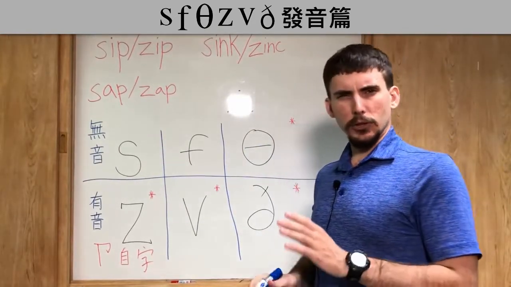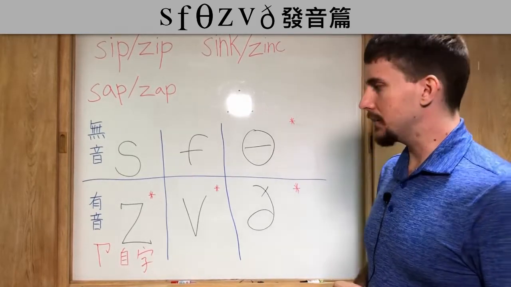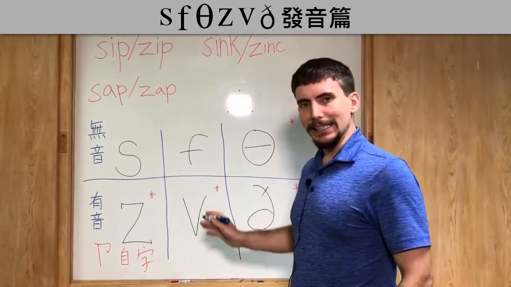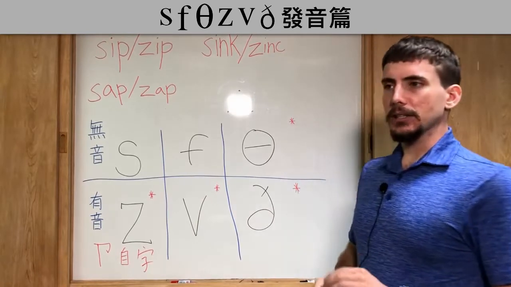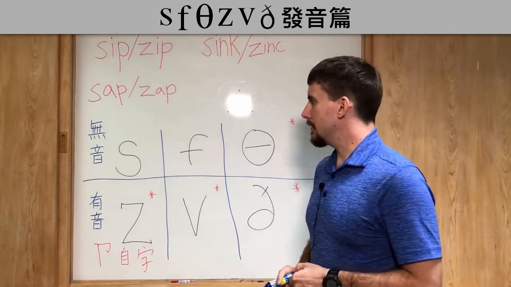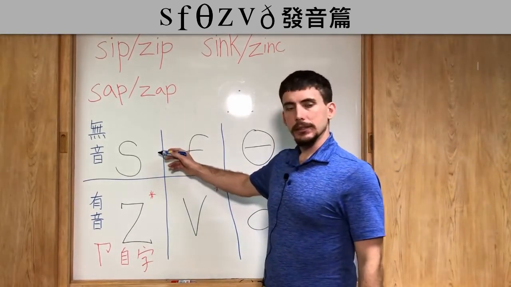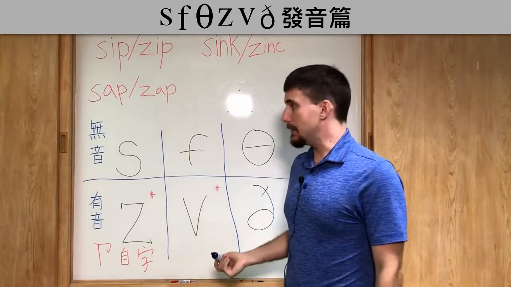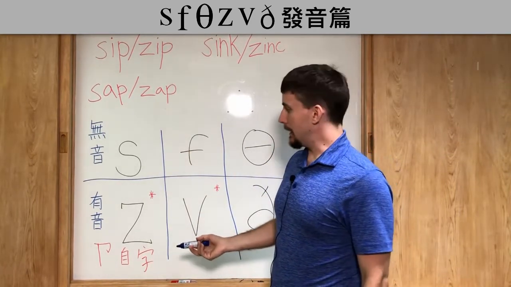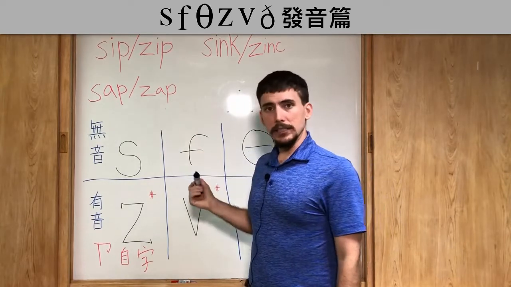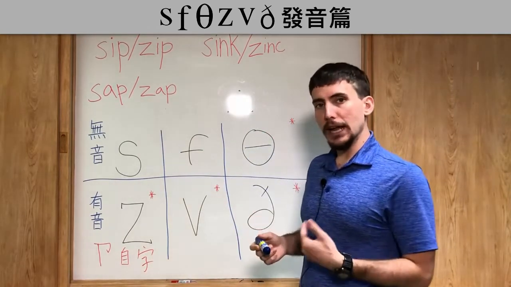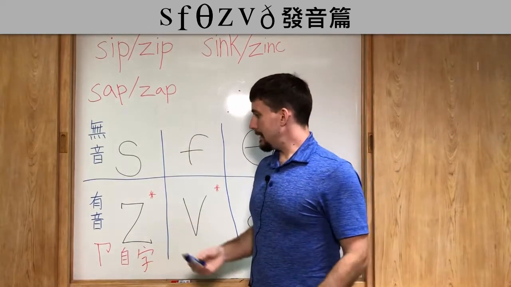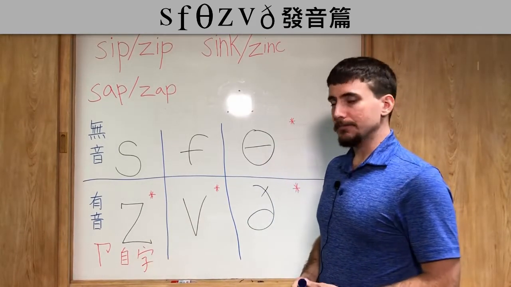Z is a little closer to D and T in English, whereas Z is a stretched out vibration sound, much like S. S and Z are actually the same, except for one thing. S is 气音, S, only air, and Z is all vibration.